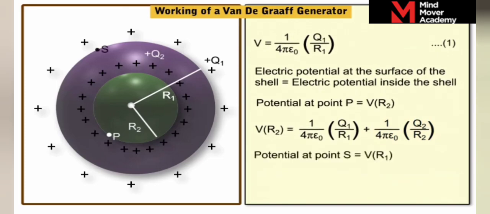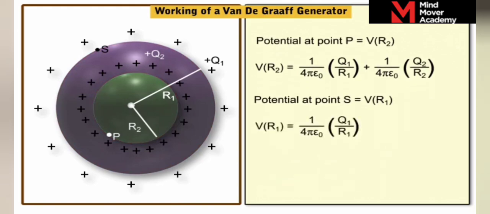The potential at any point S on the surface of the outer sphere is V(R1). This potential is due to the charge on both the outer sphere as well as the charge on the inner sphere.